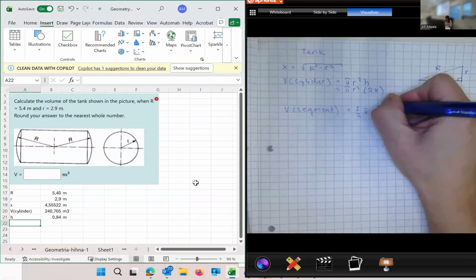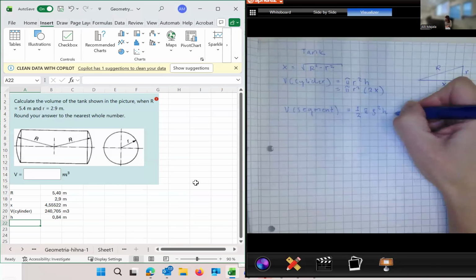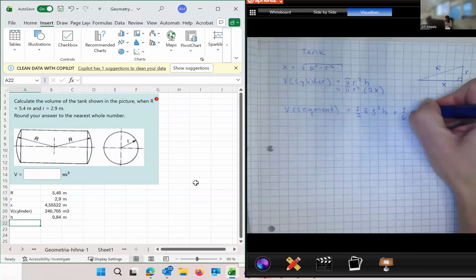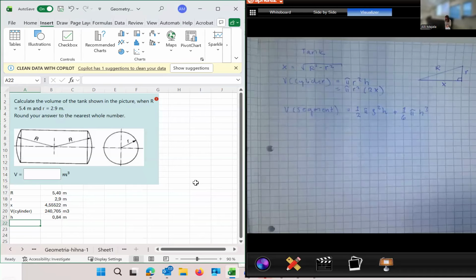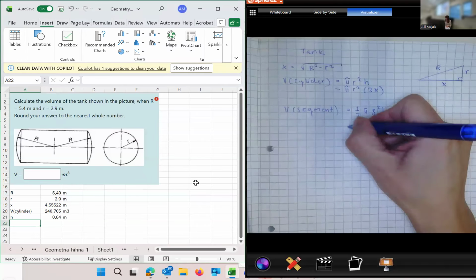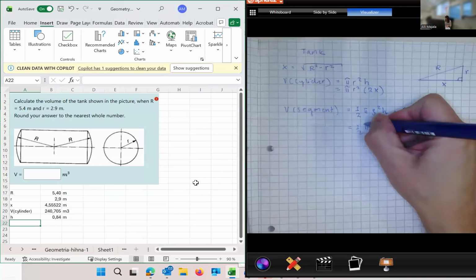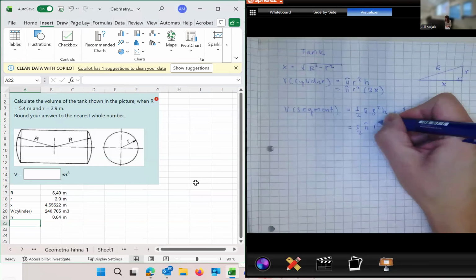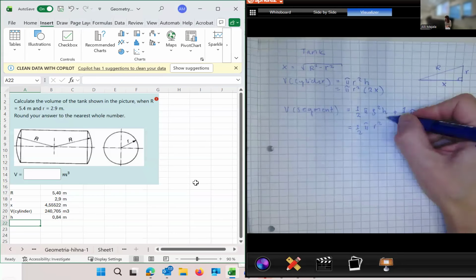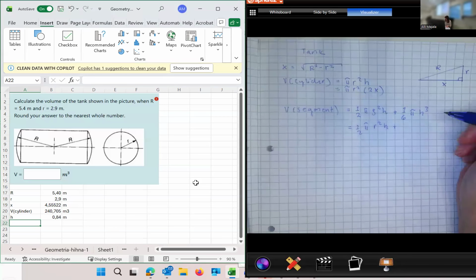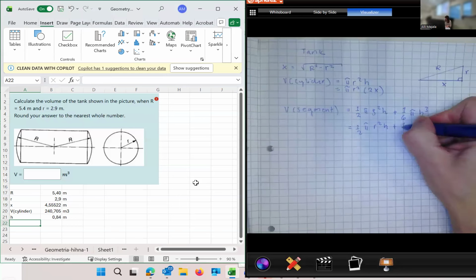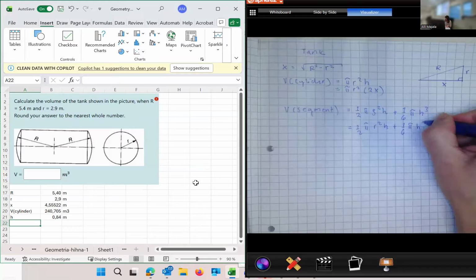Then there was some rho and height plus 1/6 pi and height in a power of 3. So here in the way I mark it, this rho is the small r. This height I marked with height h in my Excel. Here now it's not maybe that clear because I had another height there as well, but it was the height of the whole cylinder.